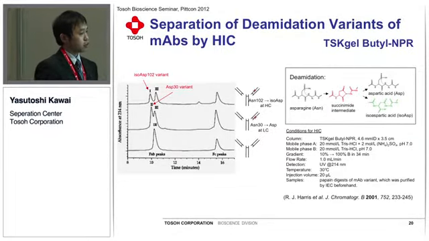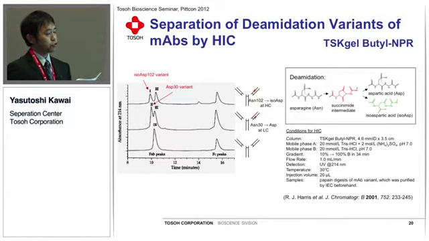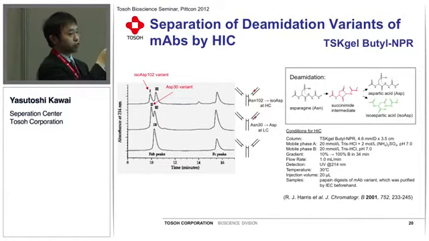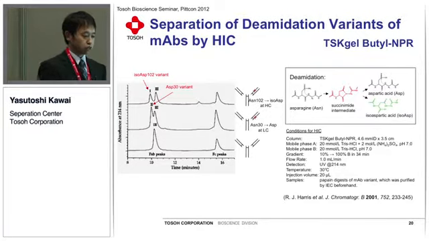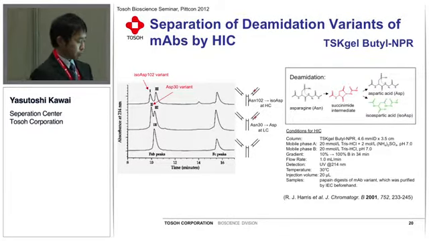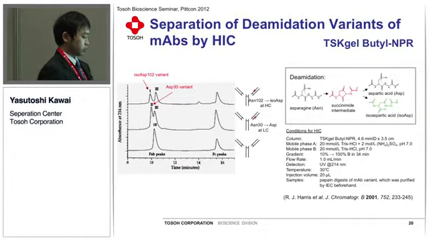Next, I'd like to show the example of HIC. HIC is hydrophobic interaction chromatography. This slide shows the separation of deamidation variants by HIC. This study is cited from these references.